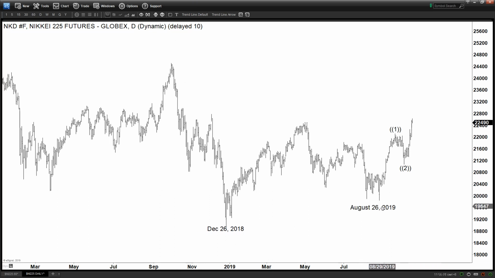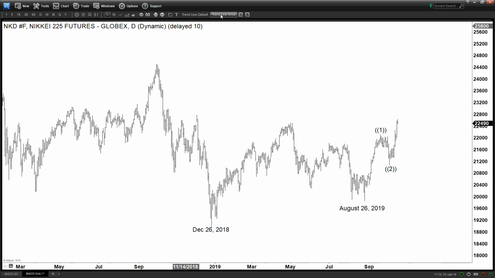From the August 26 low, you have what looks like 5 waves. You have a correction, and then you have a new high. Now this can be 1, 2, or it can be an AB, because this one is impulsive and this one now also looks impulsive. So again, it's either ABC or 1, 2, 3.